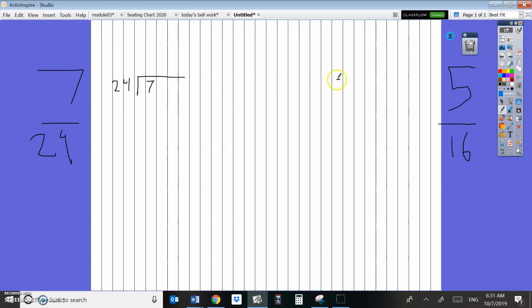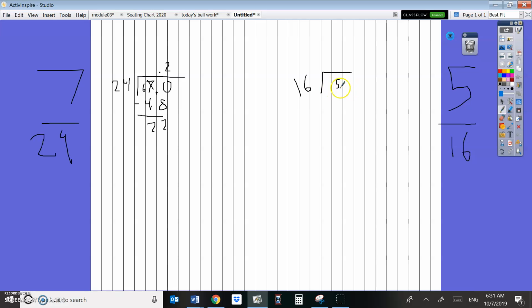So 5 divided by 16. Put in a decimal here. How many 24s in 70? There's 2. 2 times 24 is 48. Subtract, we get 22. Bring down a 0, make that a 6, and get a 2 there.